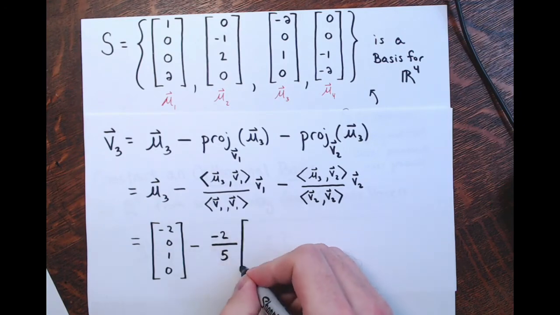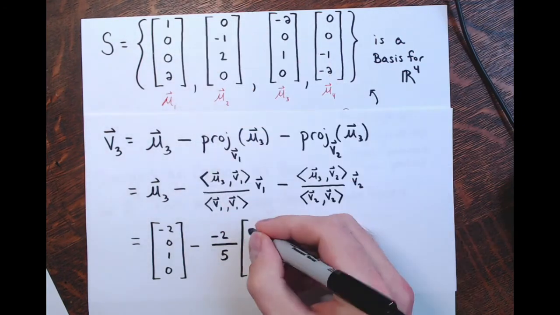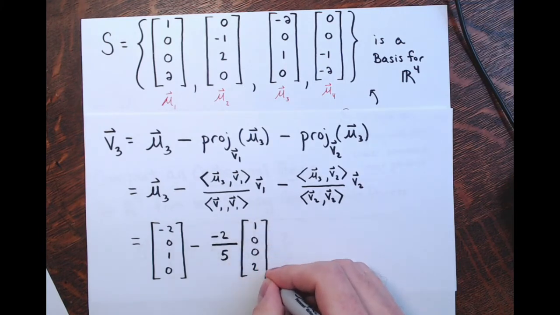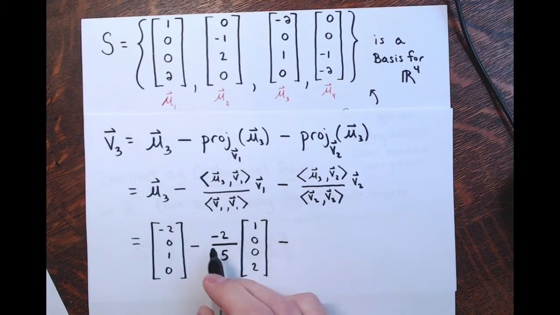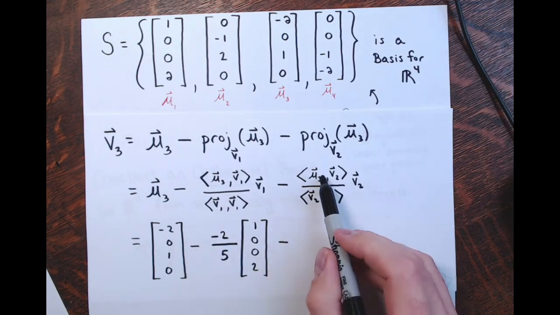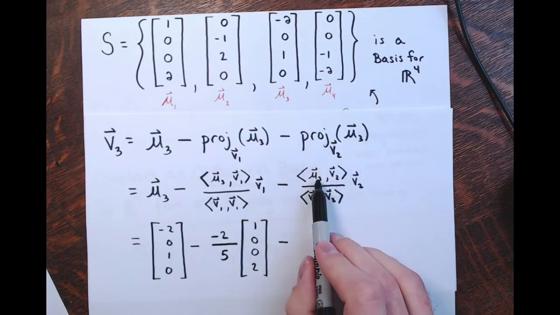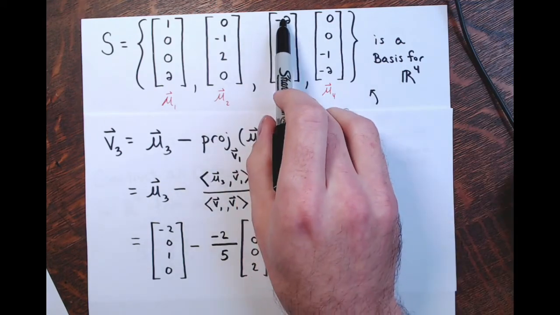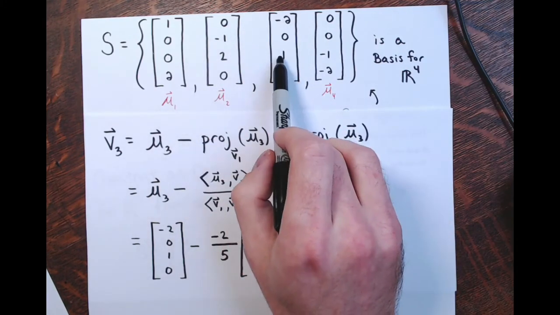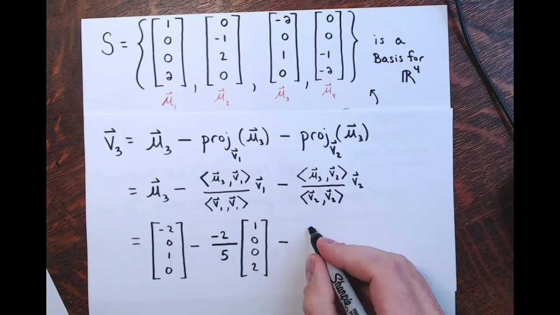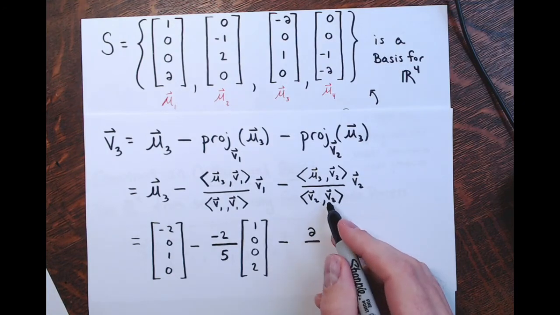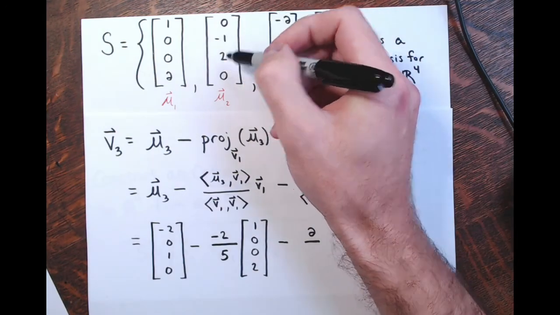Then this is multiplied by vector v1, which is u1, 1, 0, 0, 2. And then from this we're also subtracting, well, this will be adding because I have minus -2/5 here. But then minus, then here, this projection, u3 with v2 is just u3 with u2, right? v2 ended up being u2, so the dot product is 0, 0, 2, and 0. And the inner product of v2 with itself, or u2 with itself in this case, is again 5.